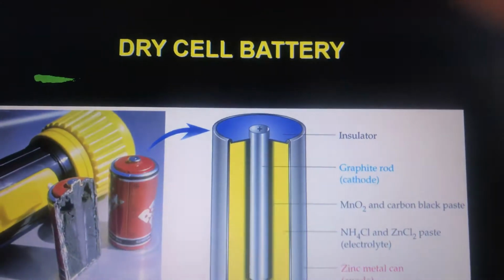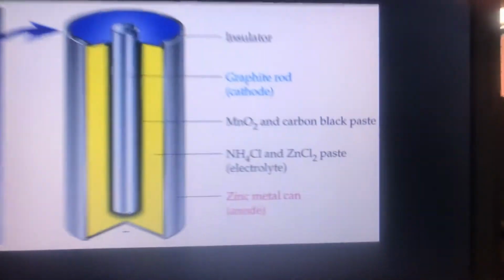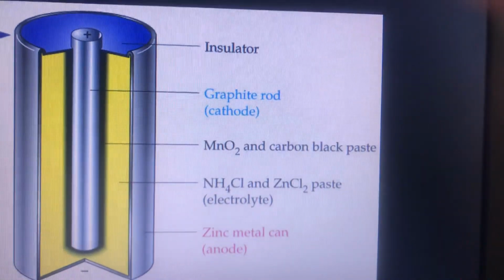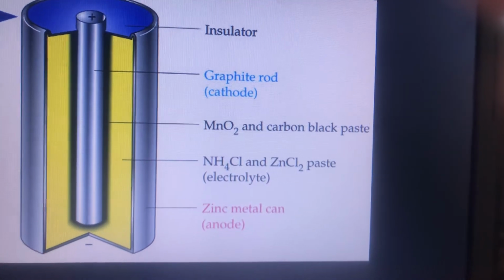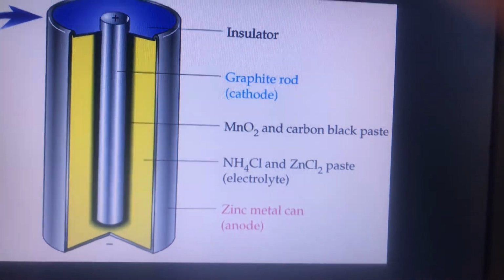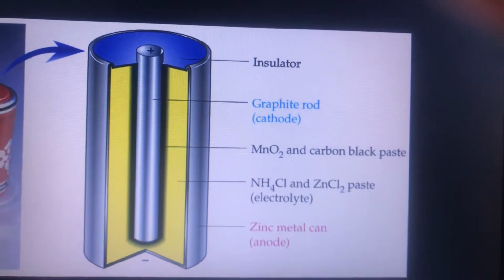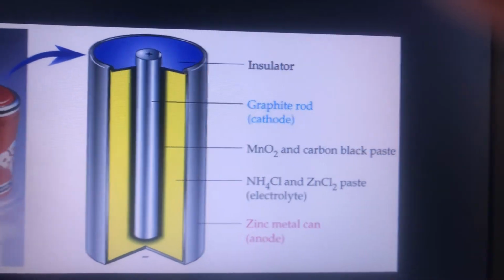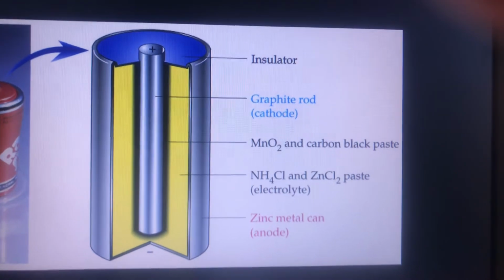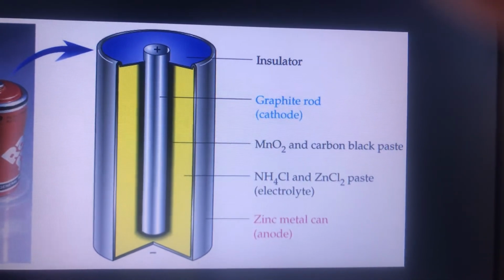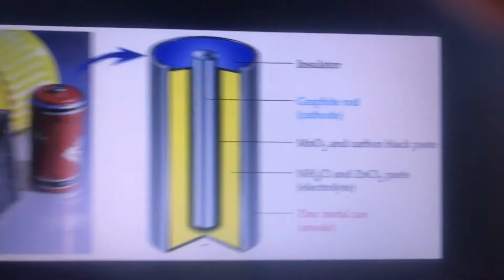Here's a dry cell battery, with an insulator. That's what it looks like, and you have the same thing going on. It's made up of different substances, but the same oxidation-reduction occurs in dry cell batteries just as it does in wet cell batteries.